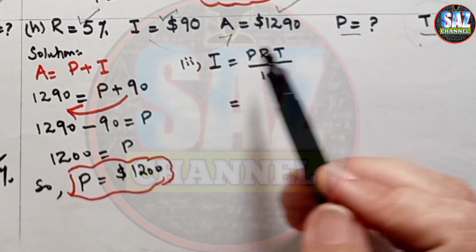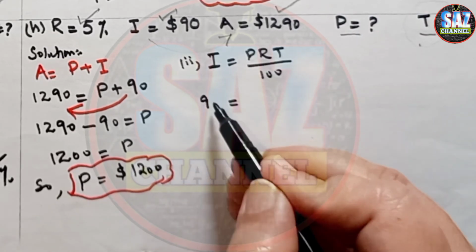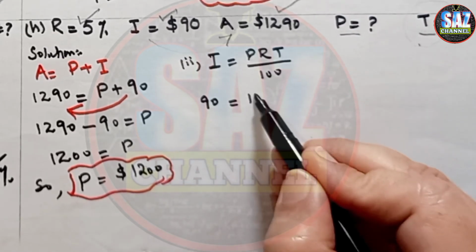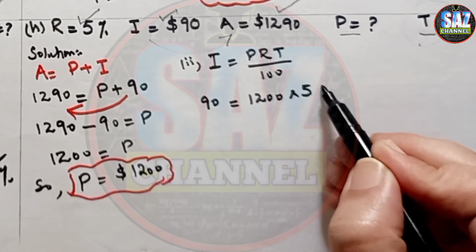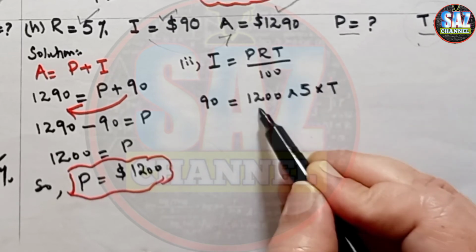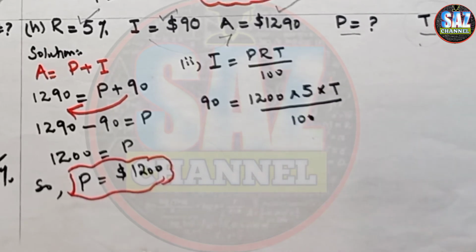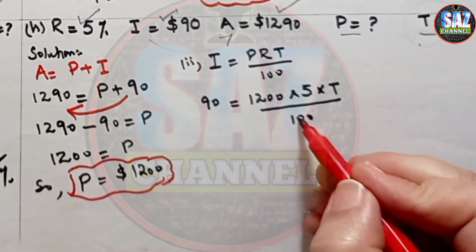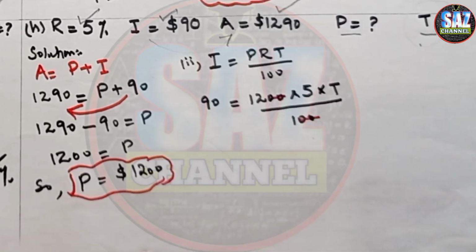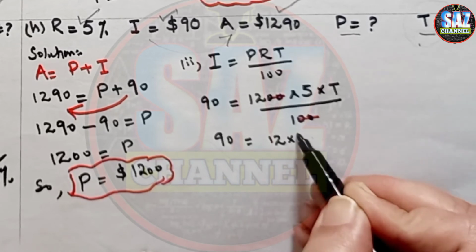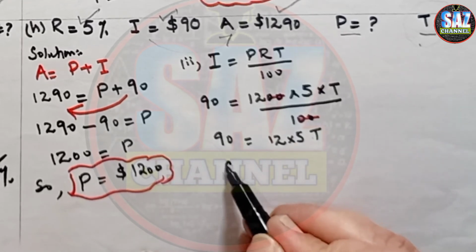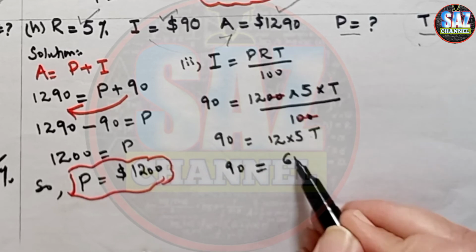The interest is $90, the principal is 1,200, the rate is 5, and the time is unknown, upon 100. Now this time let's change the mode of simplification. These two zeros can easily go with these two zeros, and I'm left with 90 equals 12 multiplied by 5t, or 90 equals 60t.